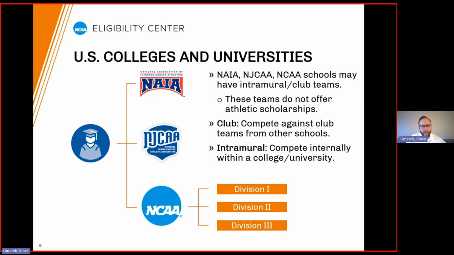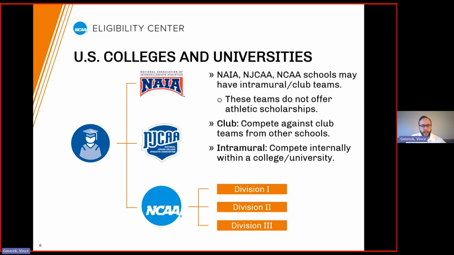The main 3 are the NAIA, the NJCAA, which represents junior colleges, and then again, we are the NCAA. So if you're interested in attending an NJCAA school or an NAIA school, you would want to contact them for more information about their programs. And we are happy to assist you with any questions or information you may need regarding NCAA schools.